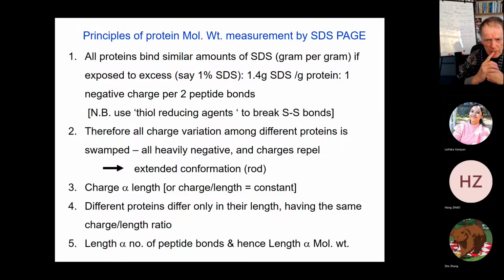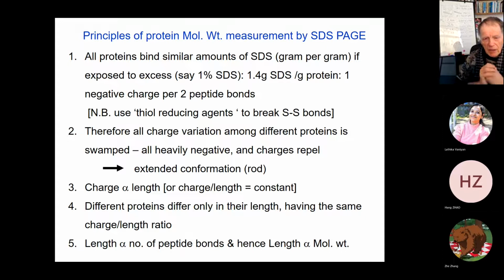If we expose the protein molecule to an excess, that is over 1%, of this basic detergent called SDS, as described in the Tom Lowy video, then we find that 1.4 grams of SDS binds per gram of protein.